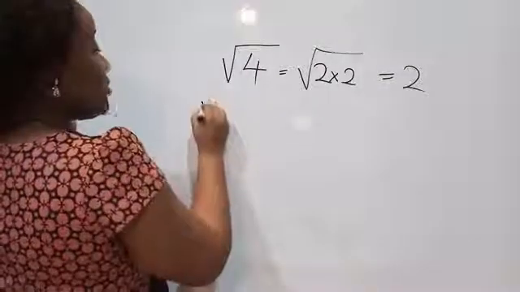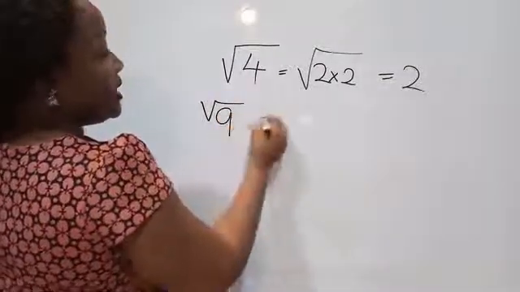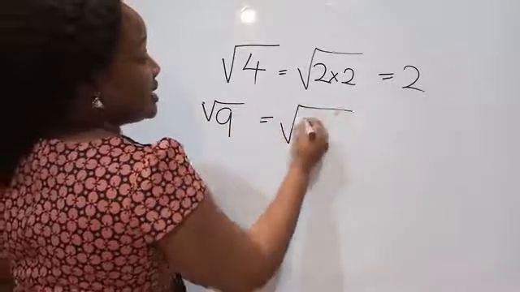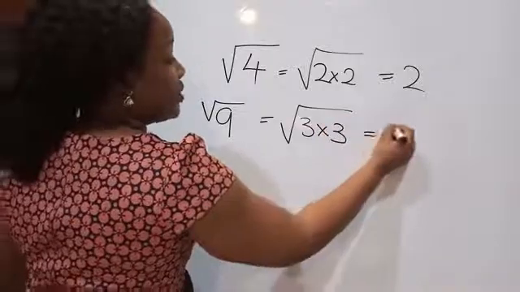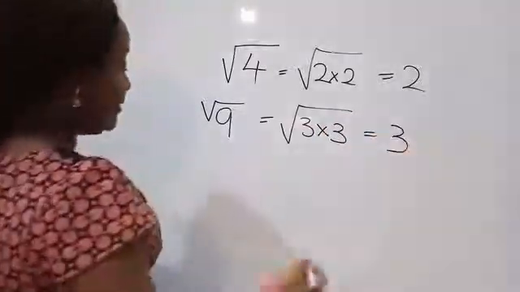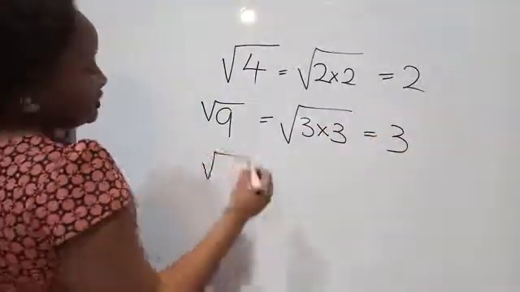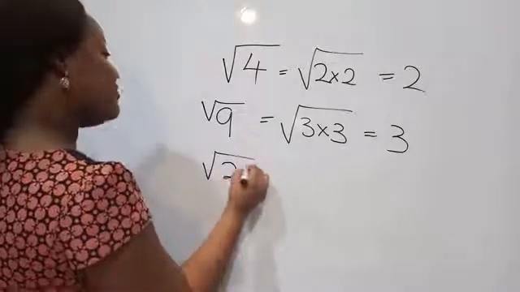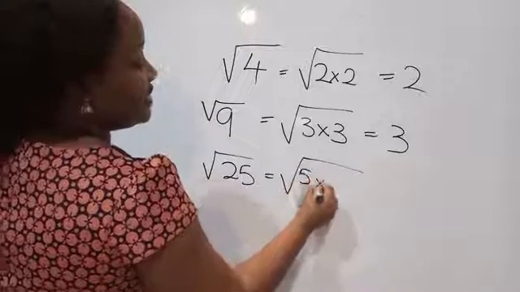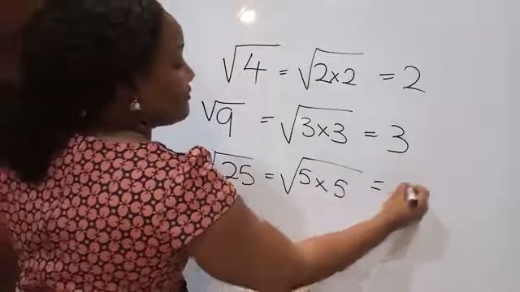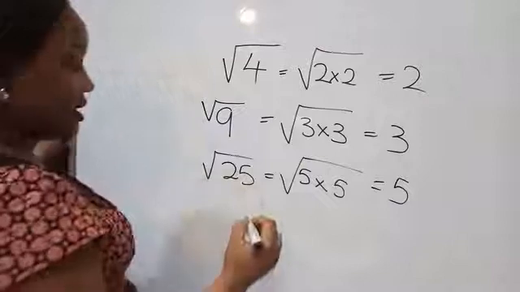Same way, we have the square root of 9 equals the square root of 3 times 3, and it gives us 3. The square root of 25 equals the square root of 5 times 5, and it gives us 5.